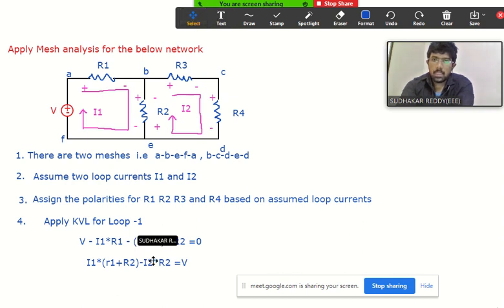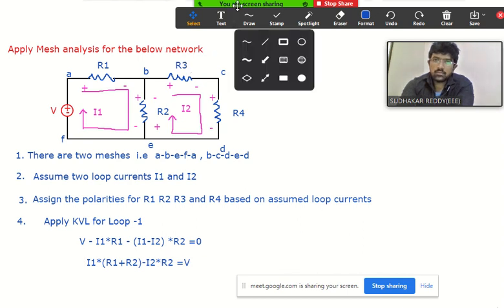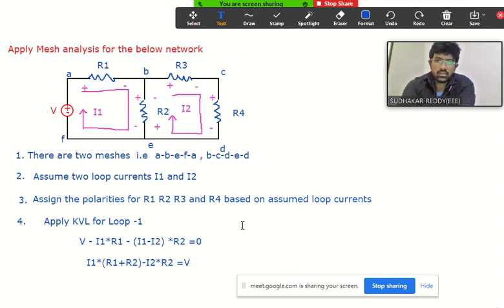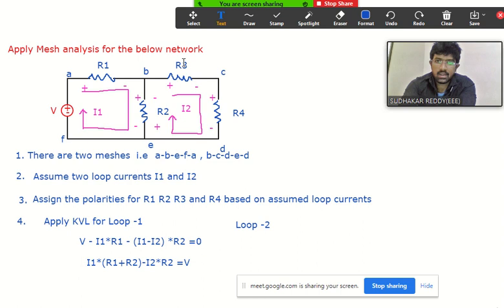Understood, everyone? Yes or no? I simplified that. Similarly, write the second KVL equation also. Similarly, apply KVL for loop 2. So what is the KVL equation for loop 2? Start from R3 directly. Minus, what is the current? I2, right?